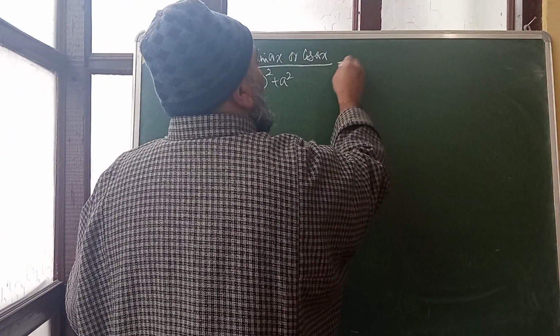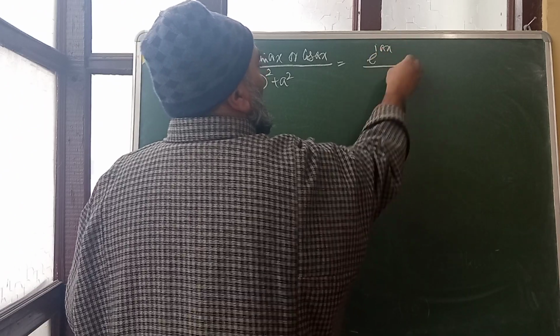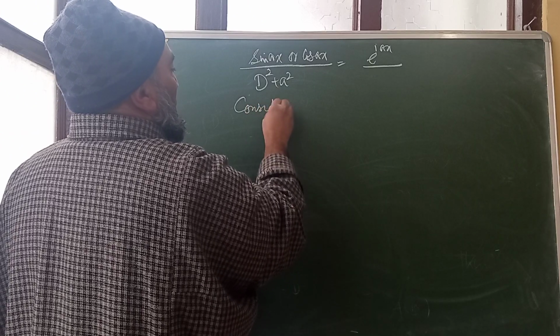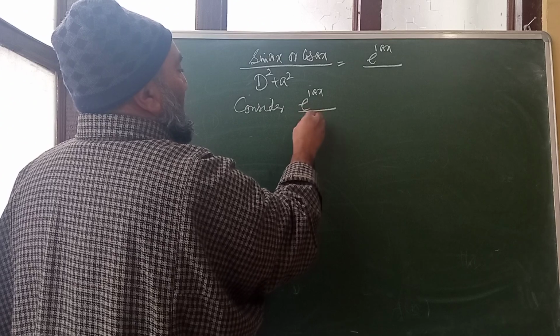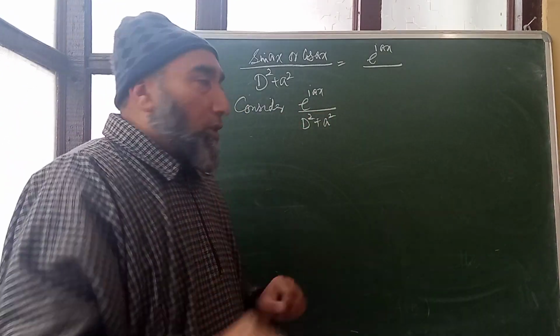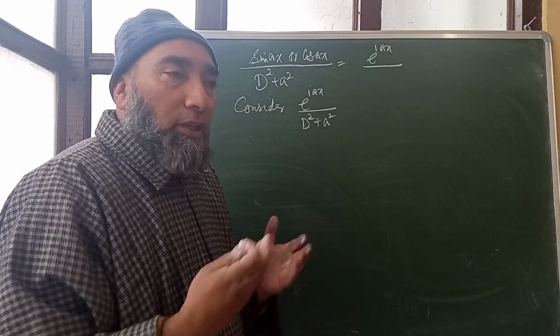I will write it as e to the power iax. Let me consider e to the power iax upon D square plus a square. See, in the first case, e to the power ax upon f of D, you are replacing D by a.